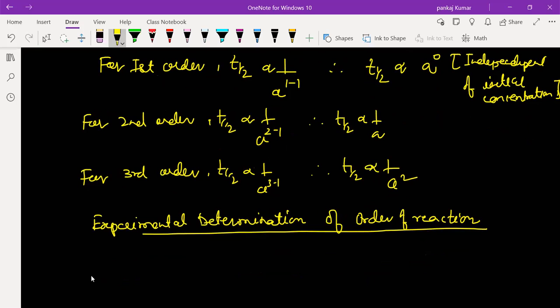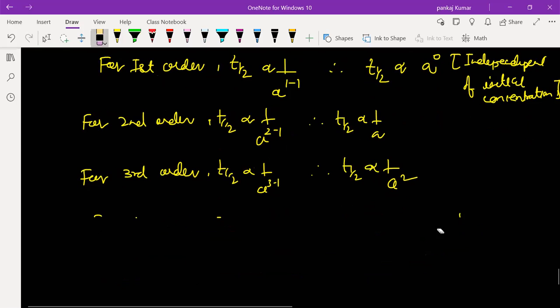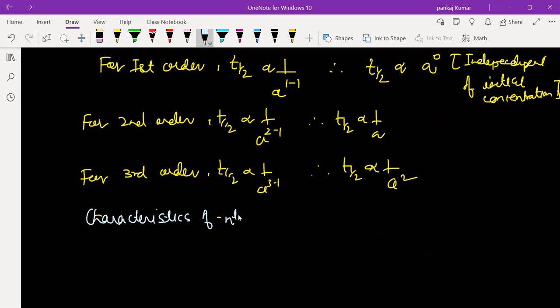So we have now discussed the characteristics. Wait, one we have missed. Characteristics of nth order. Okay. So we have to take the same thing. So three characteristics you can take.